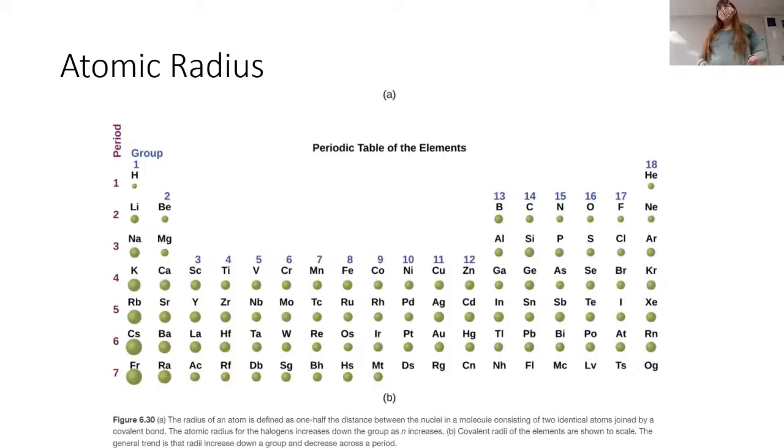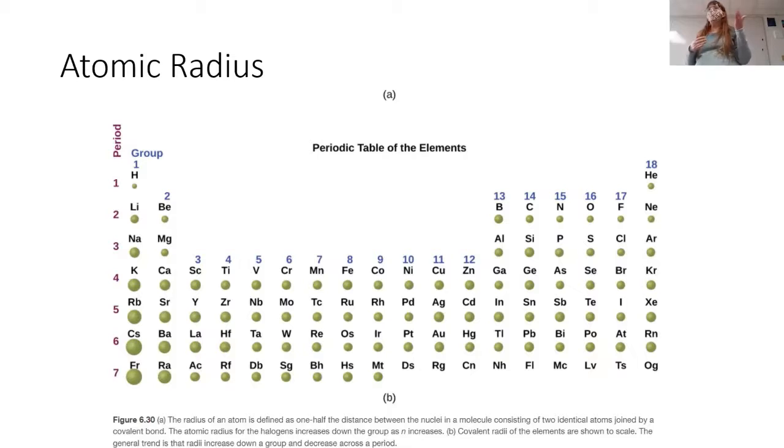Lithium has 3 protons, 3 neutrons actually, 3 electrons. Neon has 10 of each, but neon is actually much smaller than lithium. It's a little bit counterintuitive that what we think of as smaller because it has fewer protons is actually going to be the biggest one.